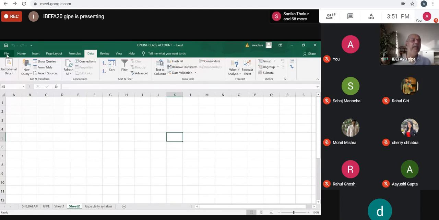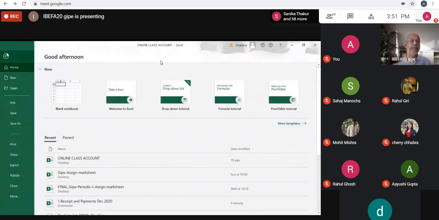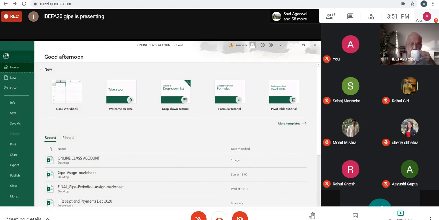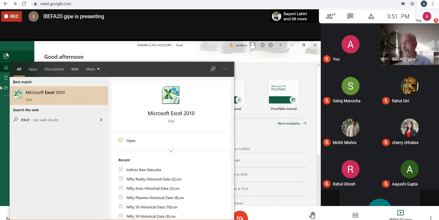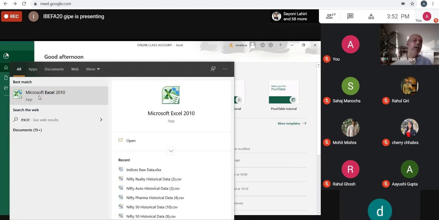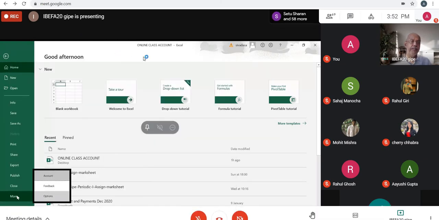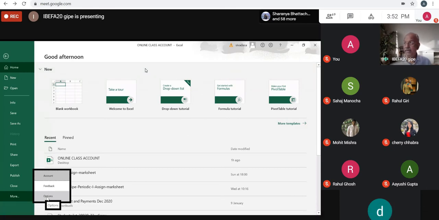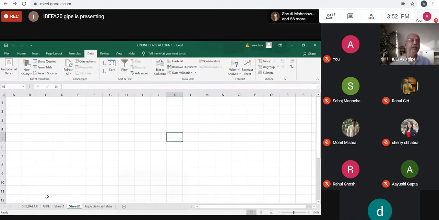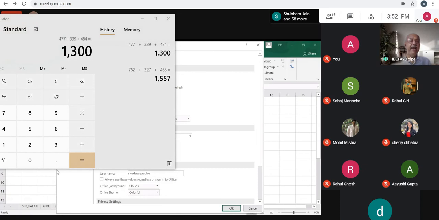Go to File. I am going slow. Work accordingly as I say. Go to File. Come to Options, More. Better write first in the notebook and then work. That is also good. Options. Add-ins.